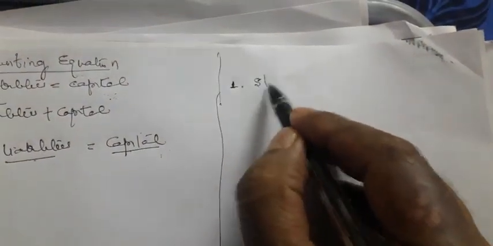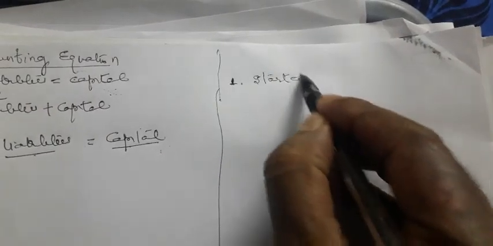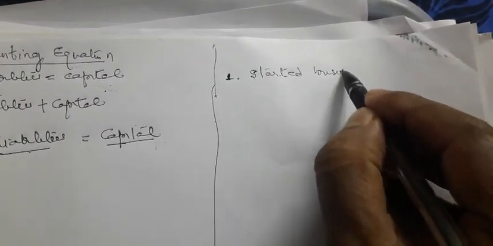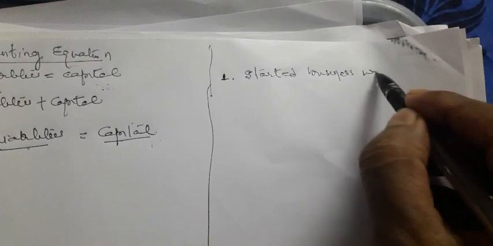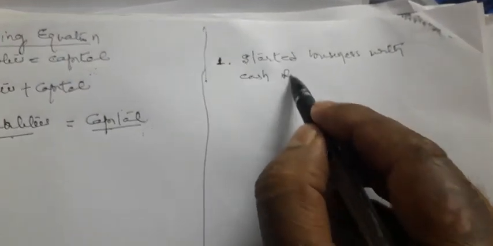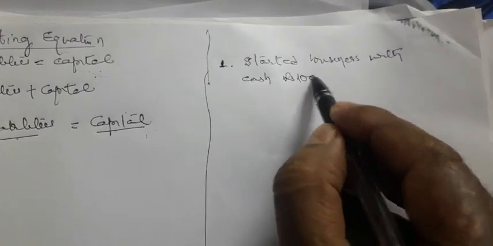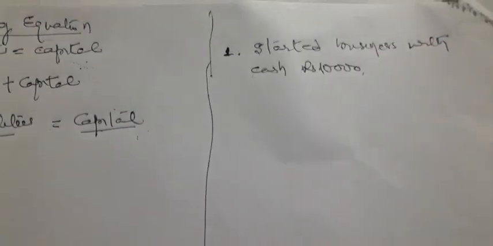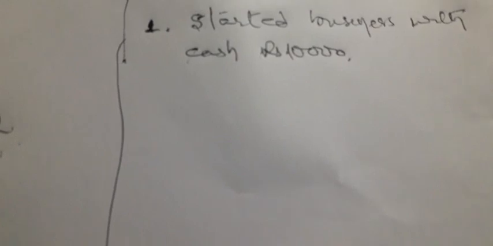Suppose a transaction is there: started business with cash rupees 10,000. A businessman has started business with cash of rupees 10,000. Now, as you know, according to the dual aspect concept, every transaction has at least two aspects.